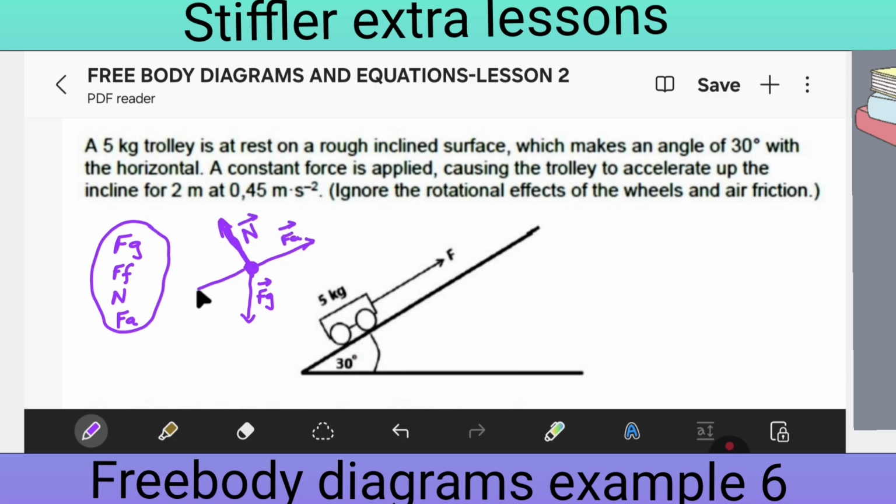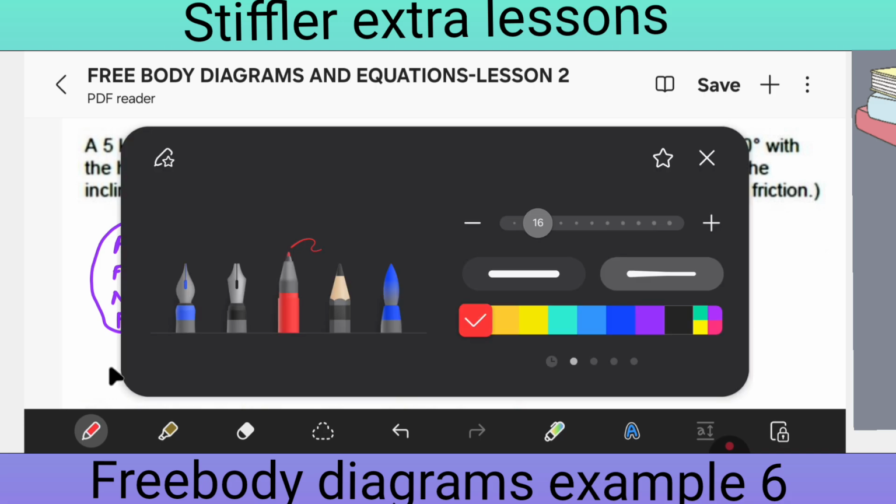So we are going to have our frictional force like that. So these are the forces acting on this object. So this is the free body diagram of this object like that. So now let's get to formulating the equation of this object.